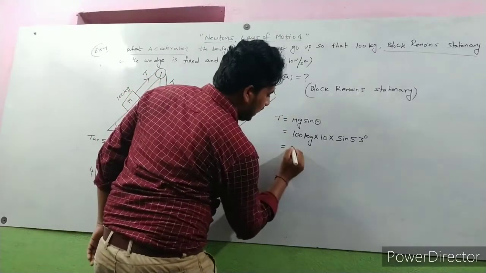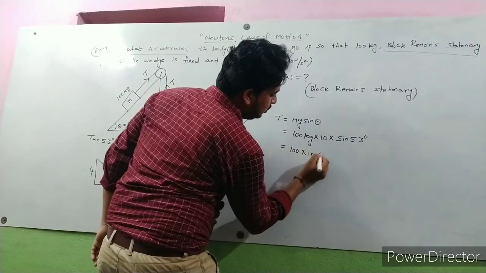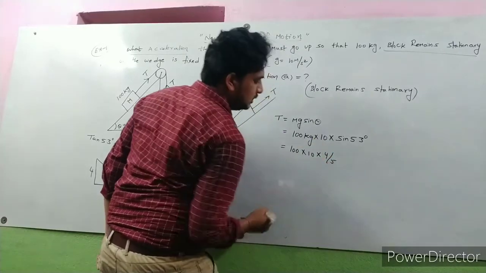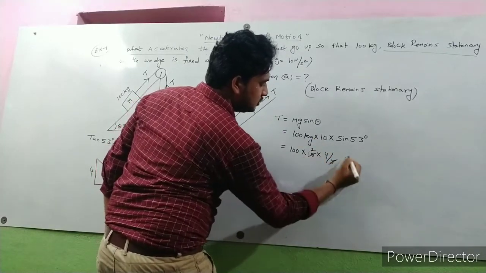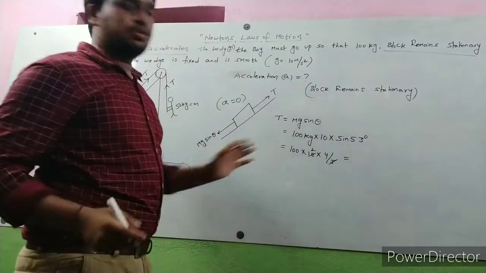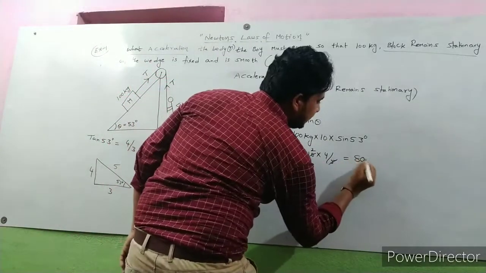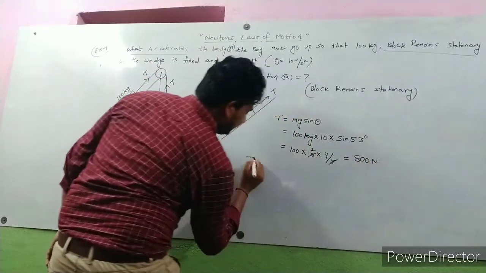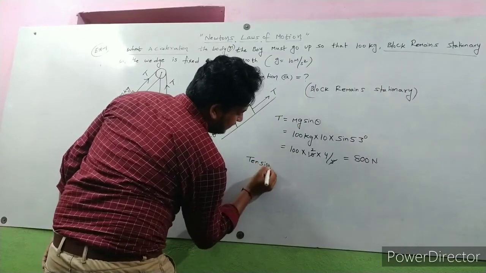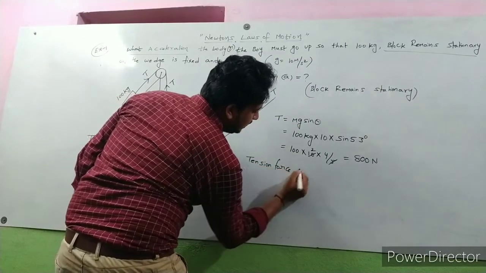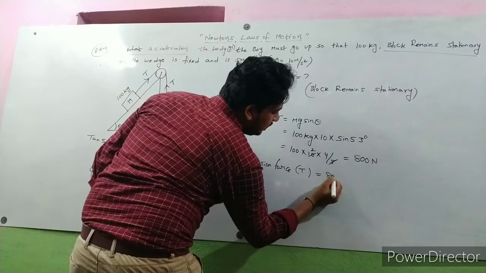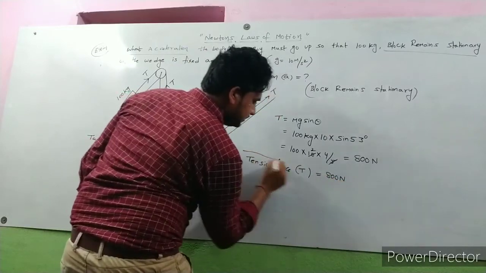Substitute here: 100 into 10 into 4 by 5. Five twos are 10, so finally what we got? 8 into 100, 800 newtons. So the tension force T is equal to 800 newtons.